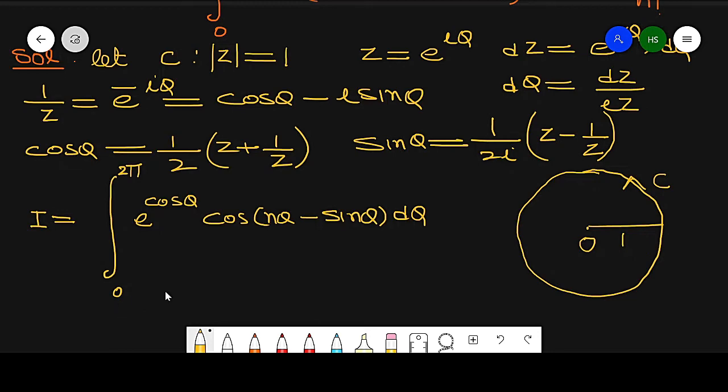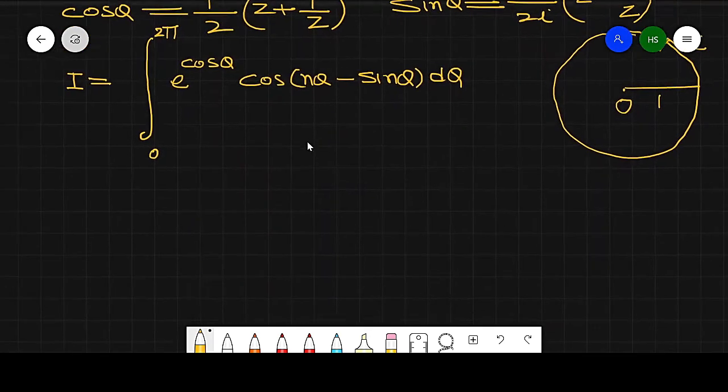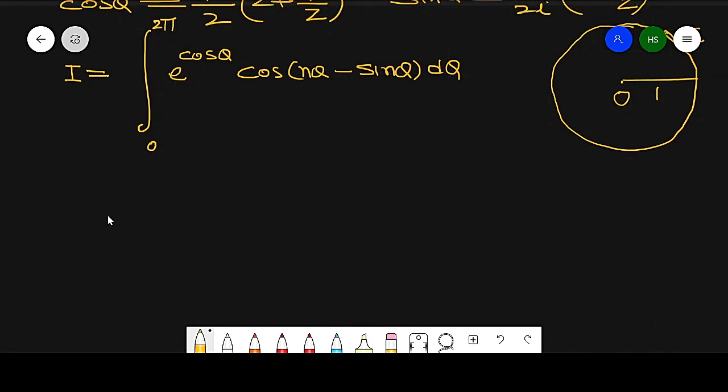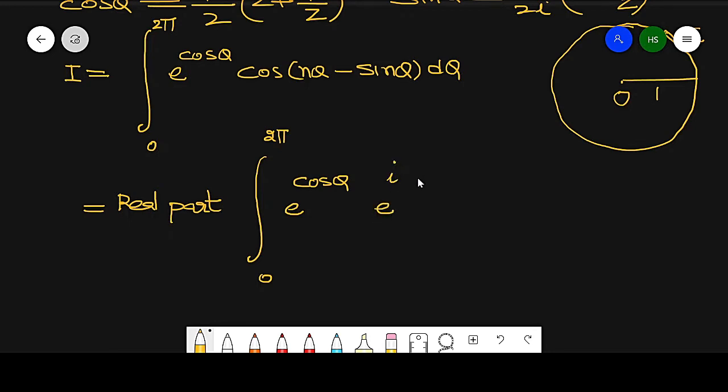If it is an angle, then this integration I is equal to the real part of integration 0 to 2 pi, e raised to power cos theta, and here e raised to power iota, which is n theta minus sine of theta, into d theta. This is it.